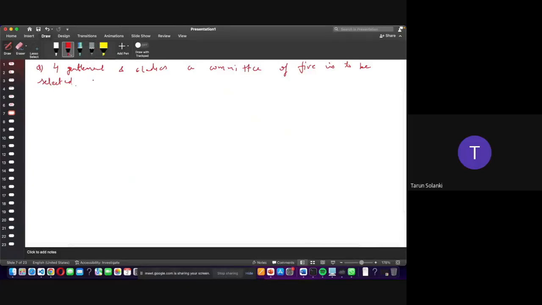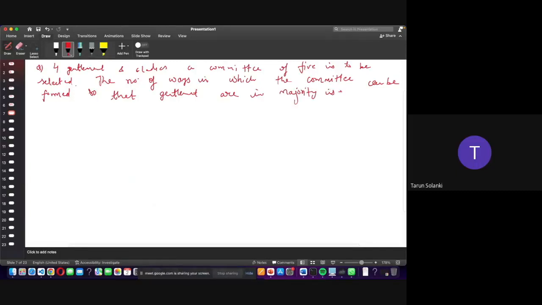The number of ways in which the committee can be formed so that gentlemen are in majority: the committee will consist of four gentlemen and one lady, or three gentlemen and two ladies.